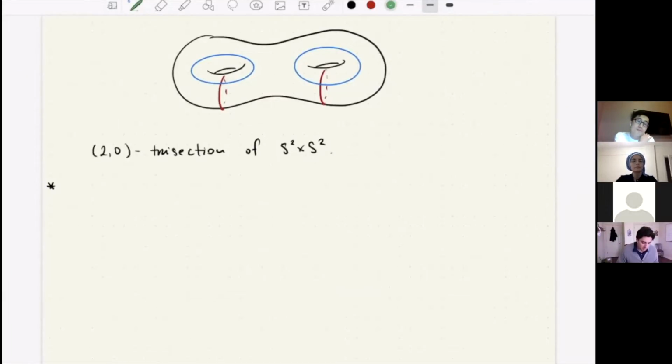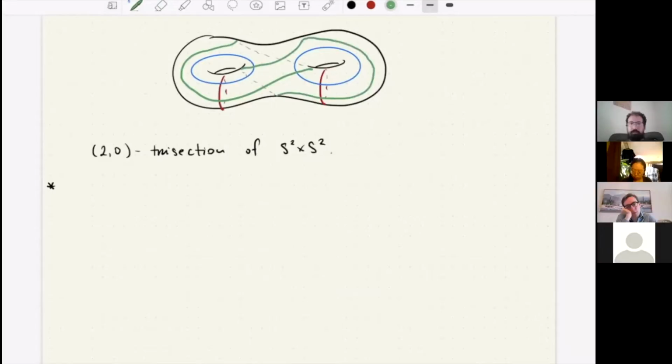So I want to draw a 2-0 trisection of S2 cross S2. As I've drawn it, this is just a Heegaard splitting of S3. And now when I draw my green curves on it, we get our trisection of S2 cross S2.